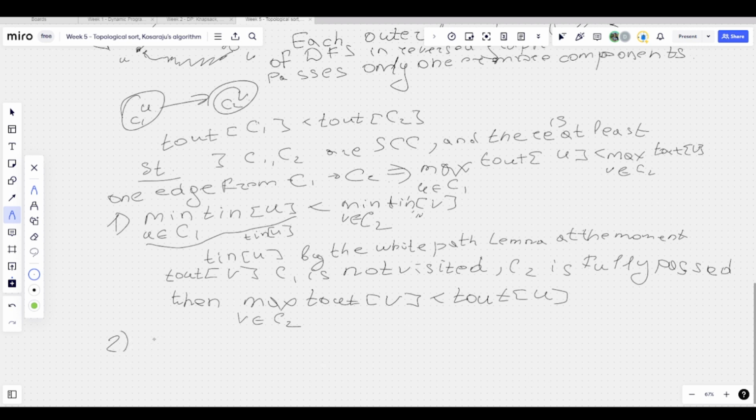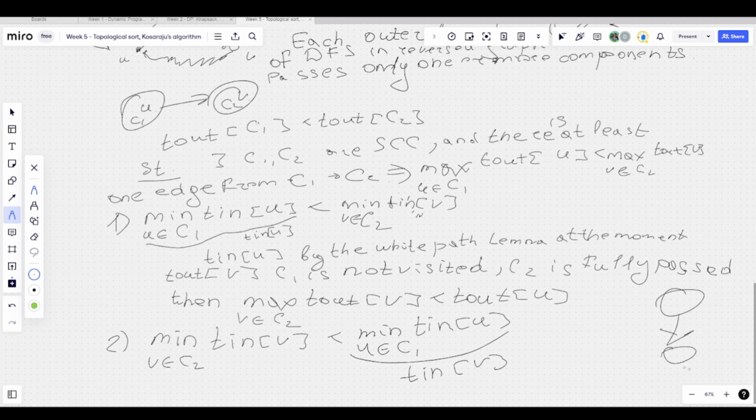In the other case, the minimum tin of v belongs to C2 and is less than the min tin of u belongs to C1. Denote it like tin v. So we consider components C1 and C2.